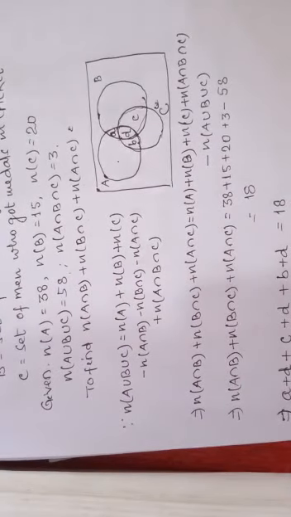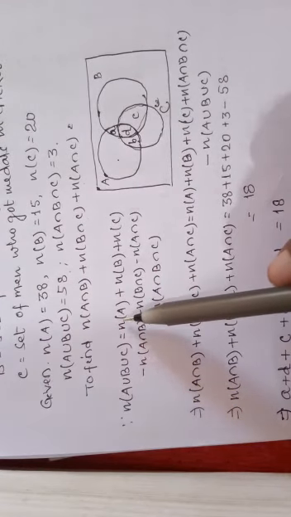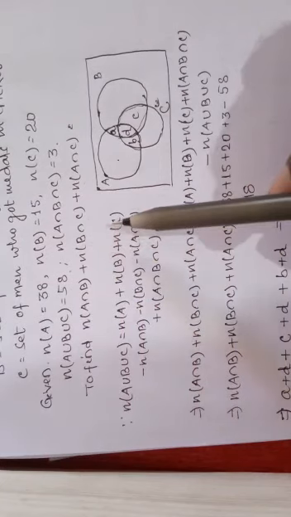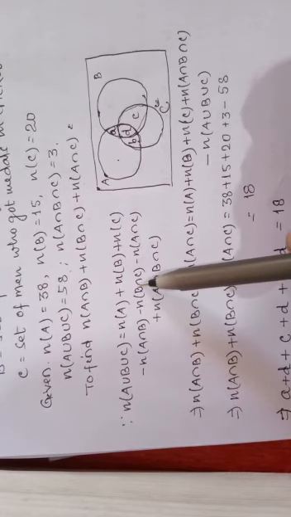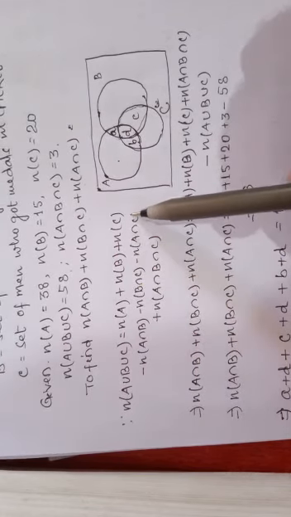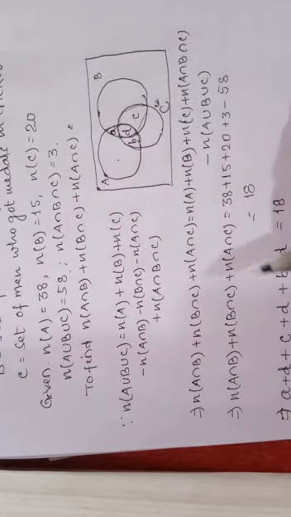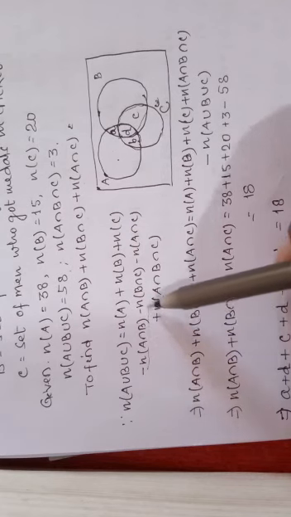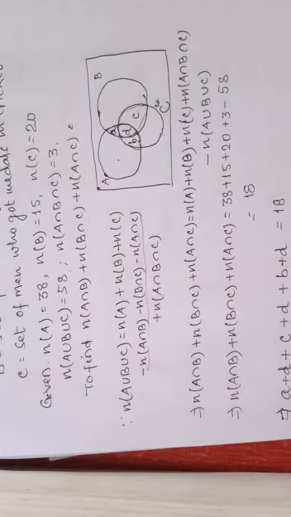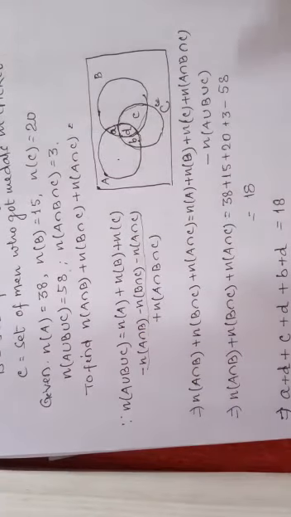So now apply the formula. N of A union B union C is equal to N of A plus N of B plus N of C minus N of A intersection B minus N of B intersection C minus N of A intersection C plus N of A intersection B intersection C. By using this formula, first calculate the values of N of A intersection B, N of B intersection C, and N of A intersection C. So transfer all these 3 terms to the left side.